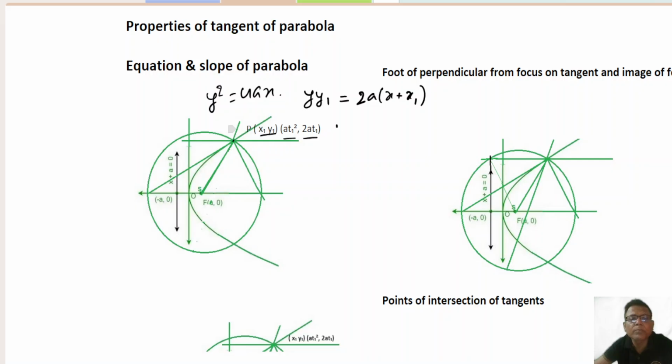So y is equal to 2a divided by y1 x plus 2a x1 by y1. So this one is the slope.